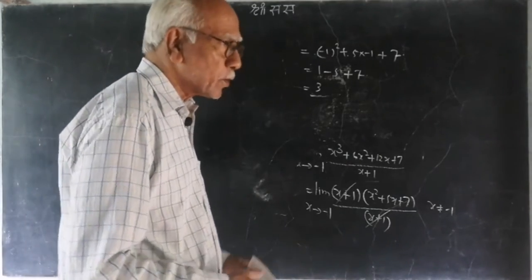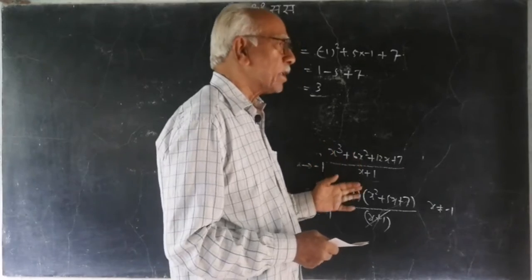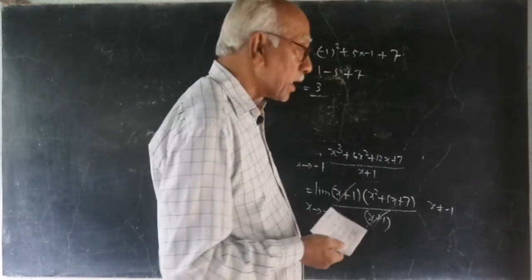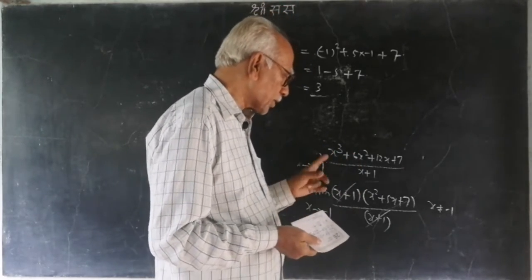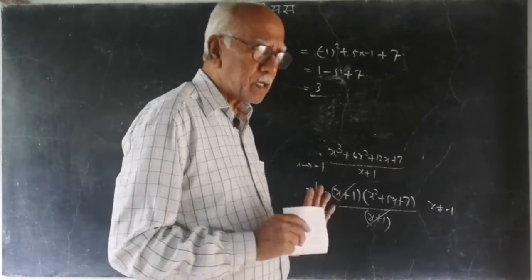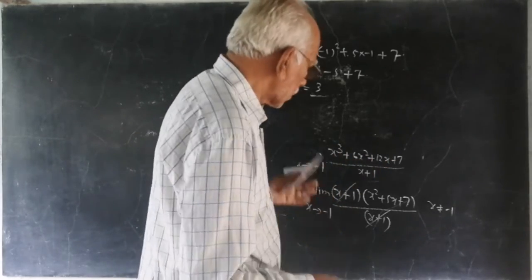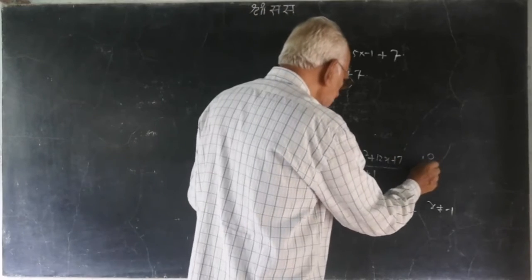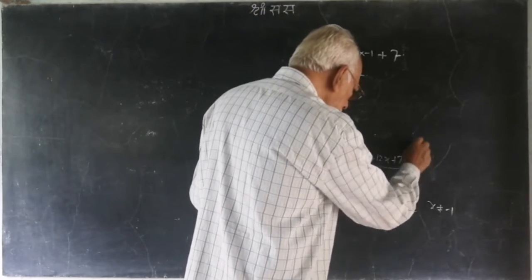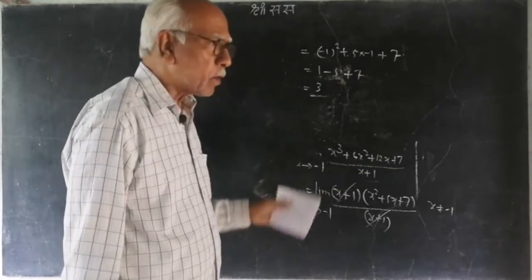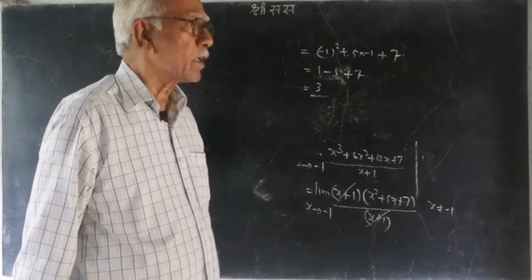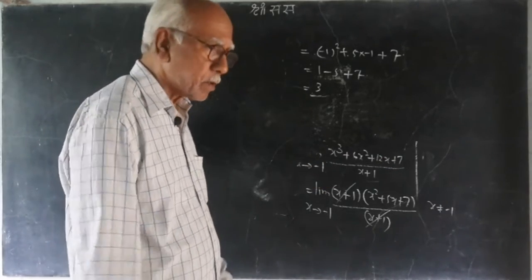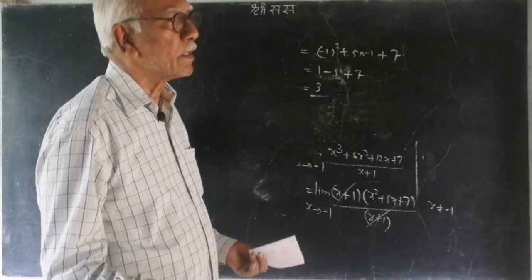L'Hospital's rule. Provided both numerator and denominator are independently continuous. Continuous means if you put x equal to that value, you must get a numerical number, not infinity. So, here we got this is 0 also and here also 0. So, according to L'Hospital's rule, what will it be? If you differentiate numerator and if you differentiate denominator, then also you can get the limit.